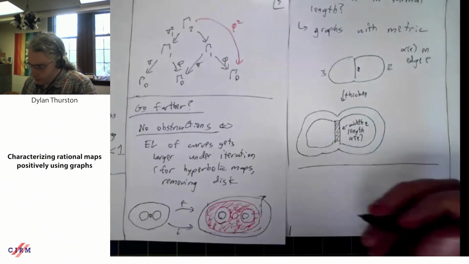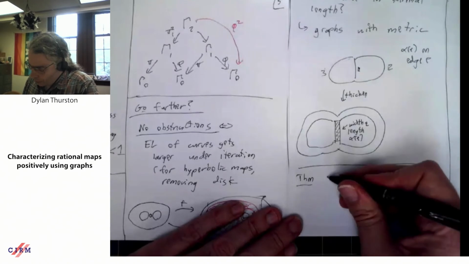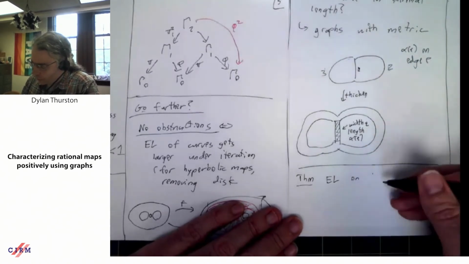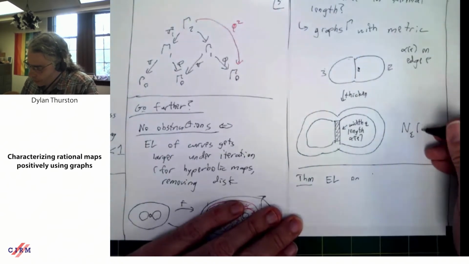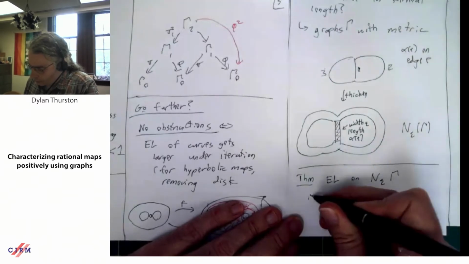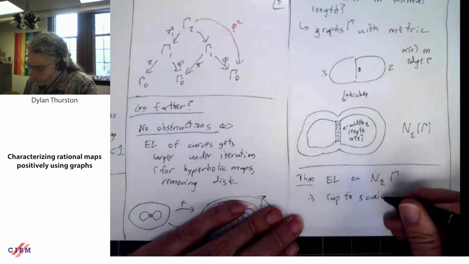And then a not so hard theorem is that the extremal length on this thickened surface, epsilon of gamma, is up to scale depending only on gamma, on epsilon.